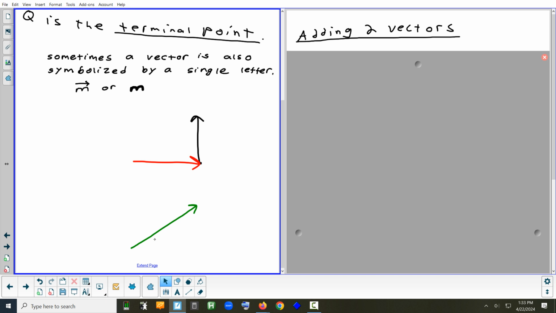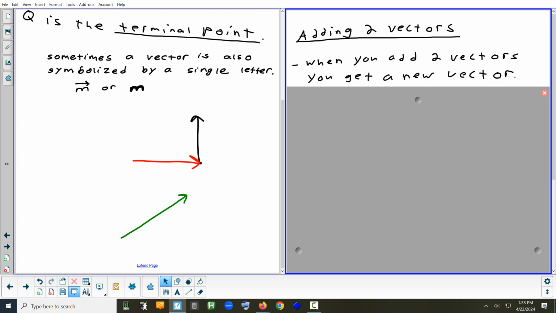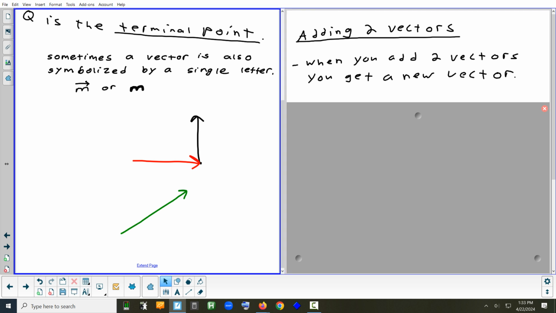That vector that I just drew in green: what I did by taking these two vectors and stacking them together and drawing in the diagonal is called adding two vectors. It's not done numerically, it's visual, but that is how you add two vectors together. When you add two vectors, the answer is a new vector.